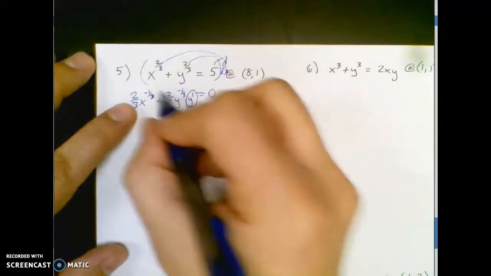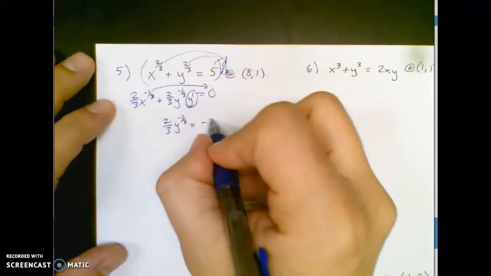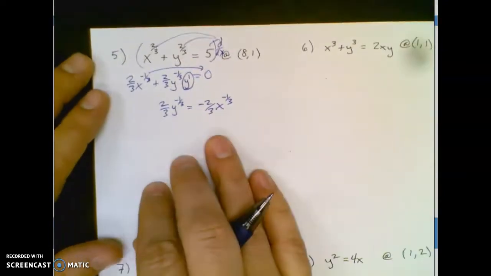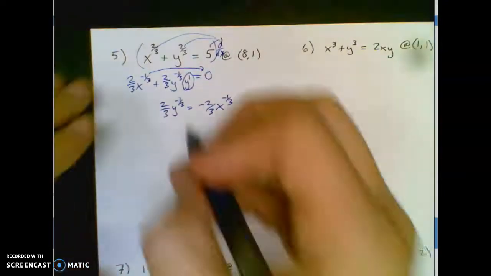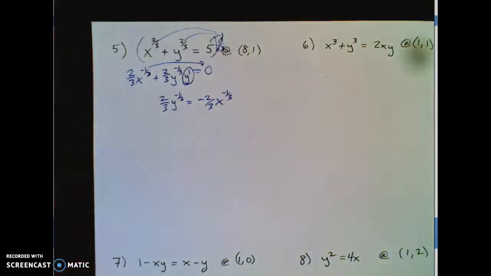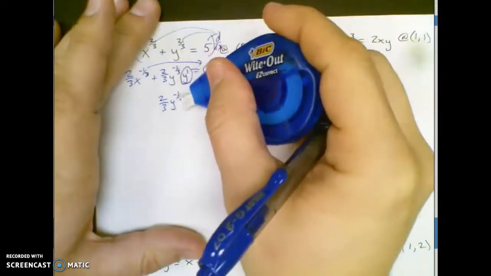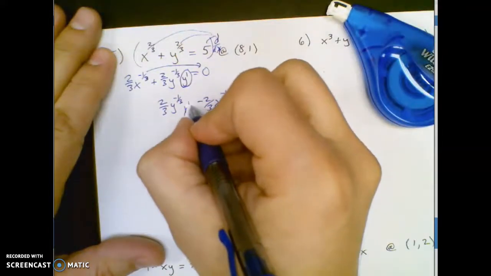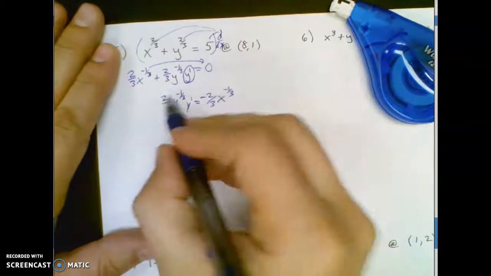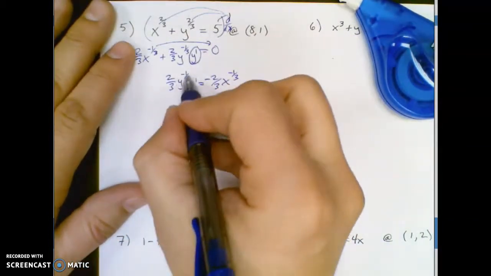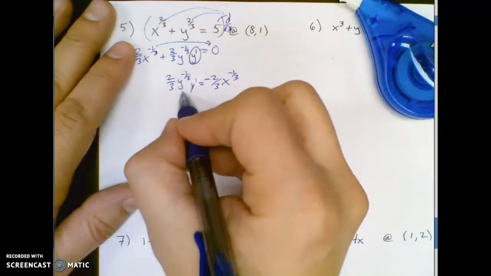I move this guy to the other side, right? Negative 2/3 x to the negative 1/3. Now I recommend at this point to rewrite these so there's one fraction, because remember when you see a negative exponent, it means this guy drops to the bottom.